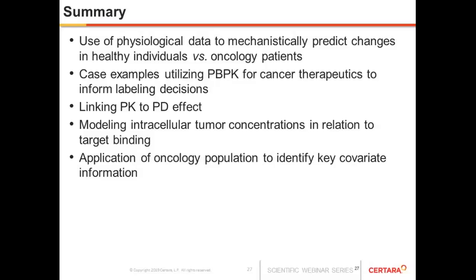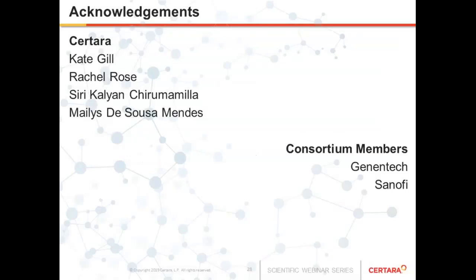I've given you a couple of examples looking at PD and also looking at modeling intracellular concentrations. And finally, I just wanted to show you, based on that recent publication, the application of the population to identify key covariate information.